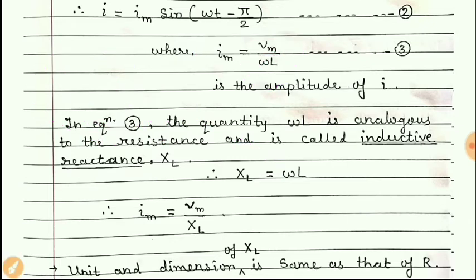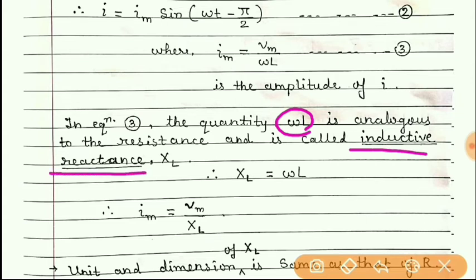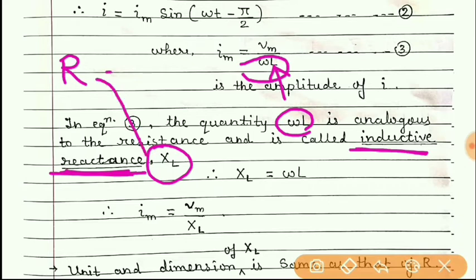So omega L is analogous to the resistance, and this omega L is known as inductive reactance. R is called resistance. Here this term omega L is called reactance, but this reactance is due to the inductor, and that's why it is called inductive reactance, and it is denoted by XL. So the function of XL is similar to that of R in a resistive circuit.